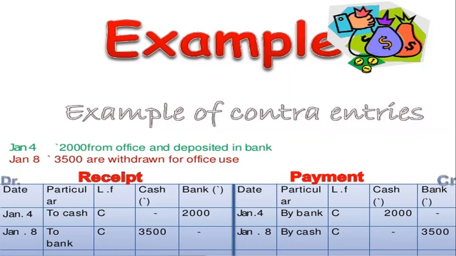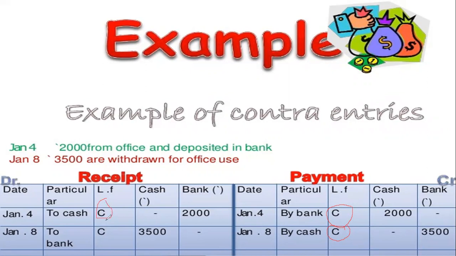Same way, either you withdraw money for office use. There will be a decrease in bank balance but an increase in cash in hand. And in both the cases, both the sides are affected when it is a double column cash book. And to give the effect, there is a rule. Letter C is mentioned in the LF column of that particular transaction.